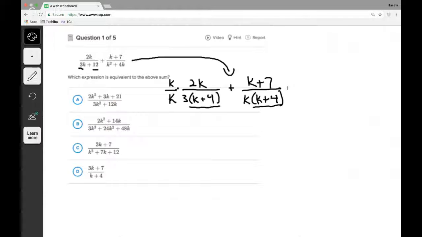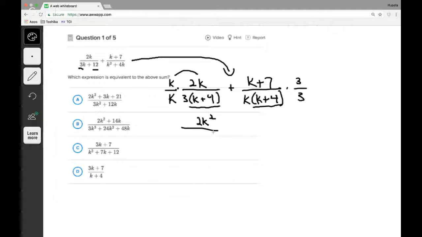Over here, it's missing a 3, so I'm going to multiply this one by 3 over 3. Let me get rid of that. Once we complete this multiplication, the left one becomes 2k squared on top, because the k's multiply each other.